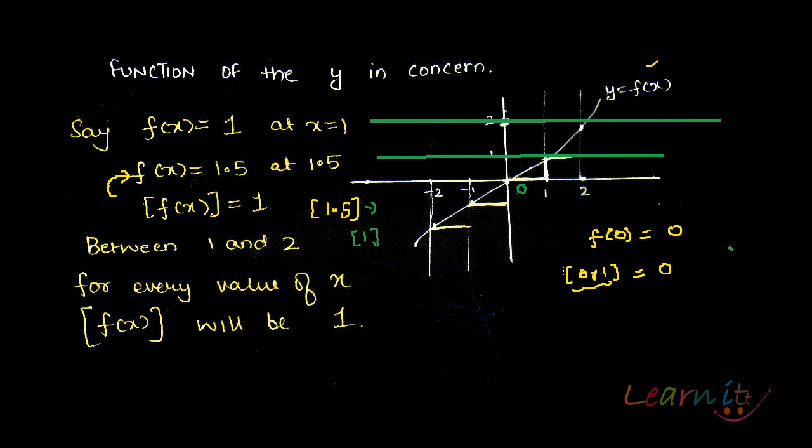It's not an interval as such I'm marking, it's the greatest integer function sign. So just try to understand what I'm trying to say. Anything between 0 and 1, the greatest integer function of those numbers, like 0.5 or anything, will be 0.